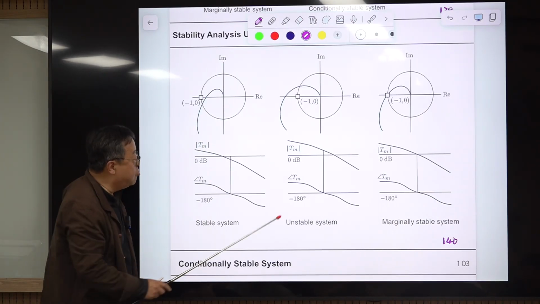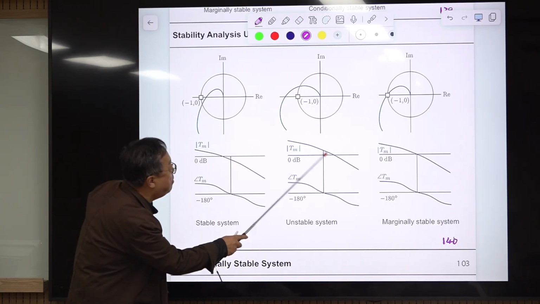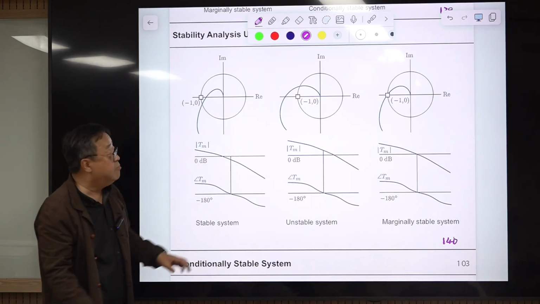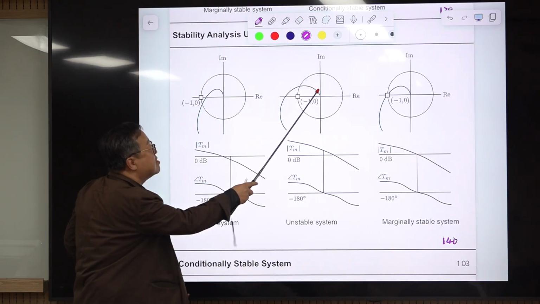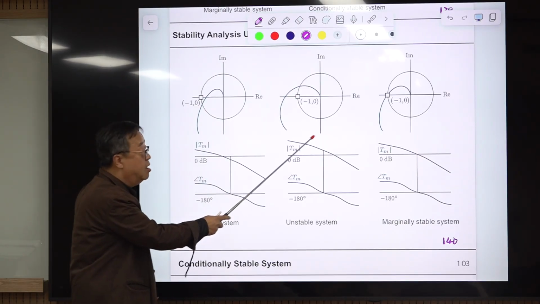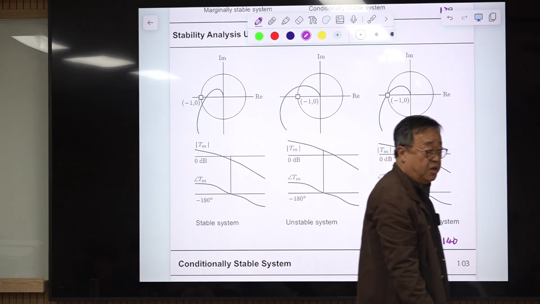At this point the phase is minus 180 degrees and this is a positive value. That means the magnitude is larger than 1, so it passes this side, line segment C, which is unstable. And if it passes here, then this is the marginally stable system.